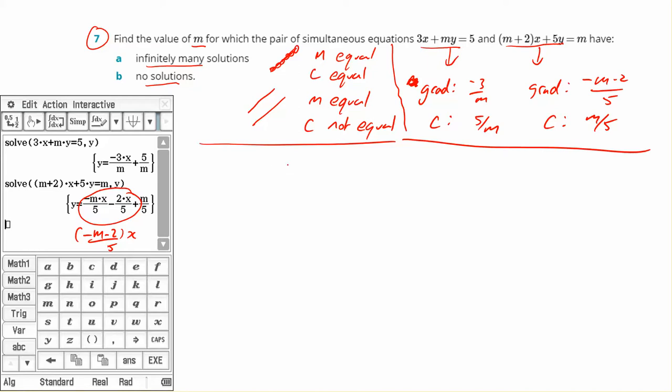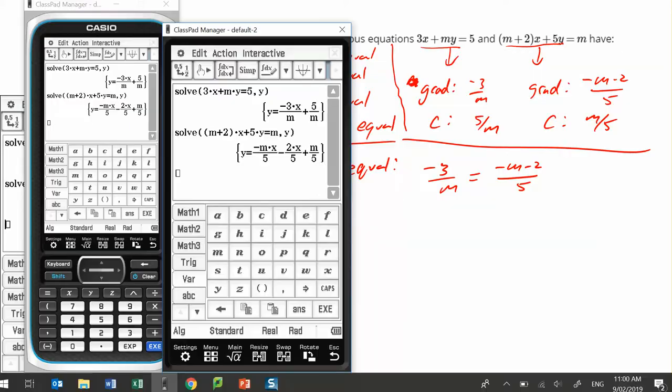My first calculation is for infinitely many solutions, I want the gradients to be equal. Remember, two lines are the same, the gradients are equal. So I want to make this gradient up here and this gradient equal, and I want to solve for m. I want to find the value of m which makes them equal. You'll find there's only particular values where this occurs.